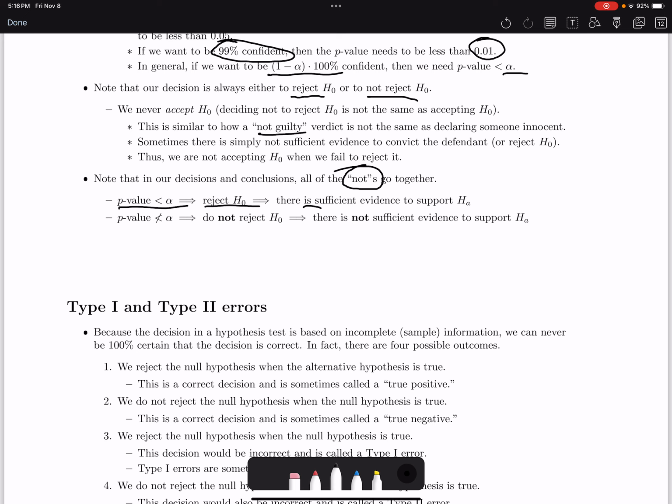So if our p-value is less than alpha, then we decide to reject the null and we conclude that there is sufficient evidence, okay? If our p-value is not less than alpha, then we do not reject the null and then we conclude that there is not sufficient evidence to support the alternative. Please, please do not lose points on test 3 by mixing and matching here. It is never appropriate to do that. There should be no mixing and matching.